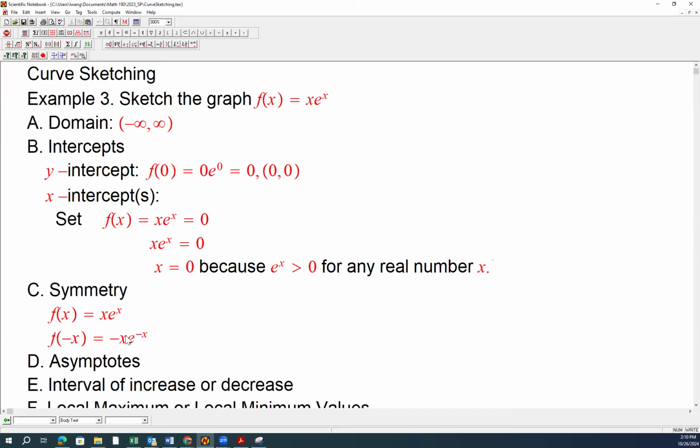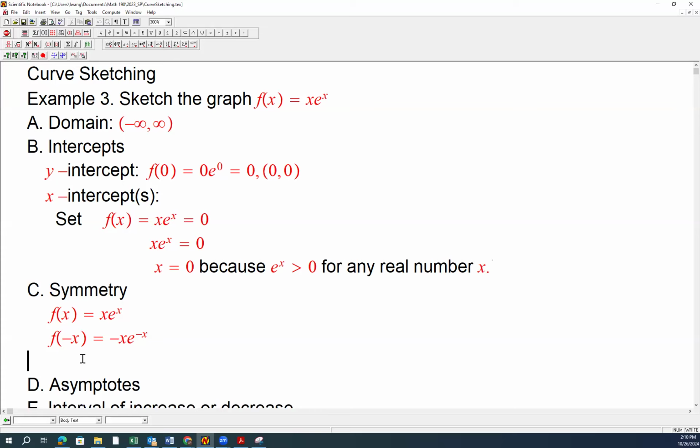Apparently f of x is not going to equal f of negative x, so it's not even, since f of x does not equal f of negative x. This is the definition of an even function.